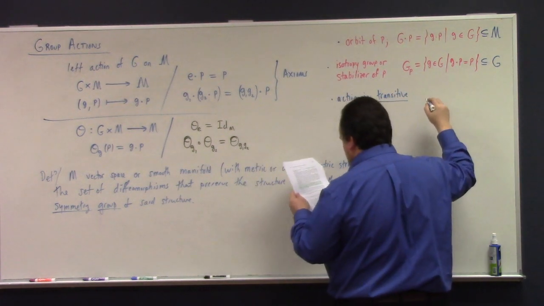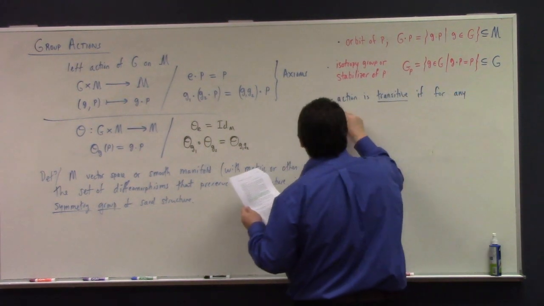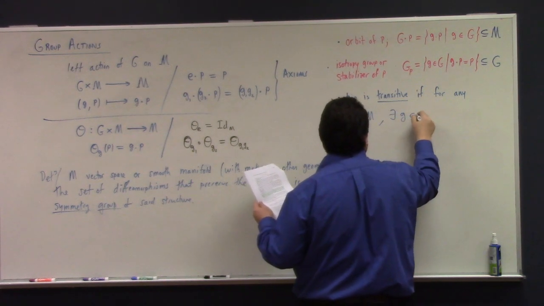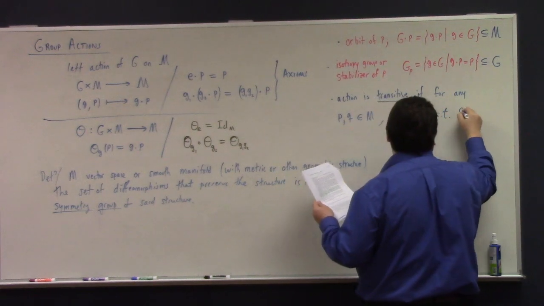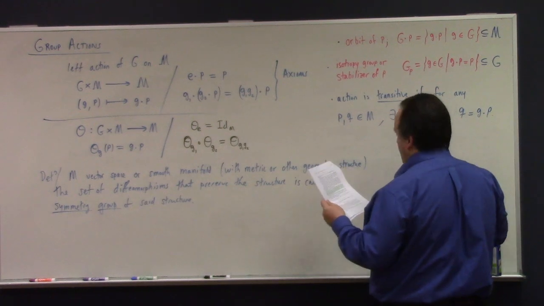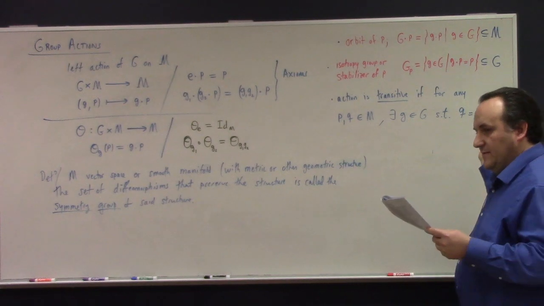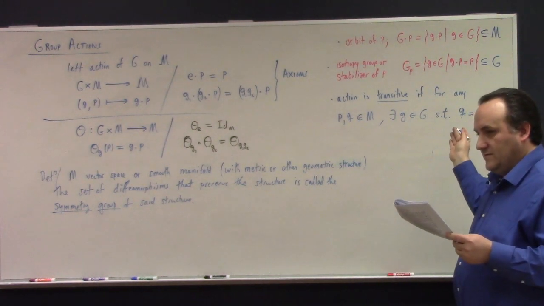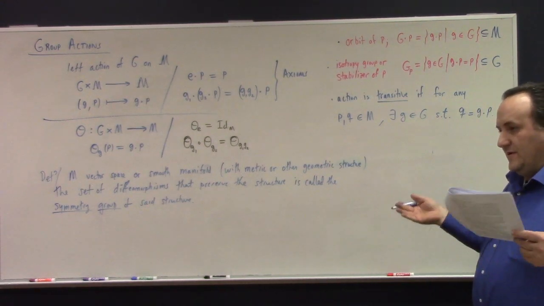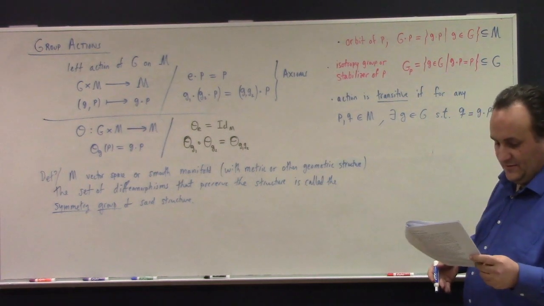It's transitive if for any P and Q in M, there exists G in the group such that Q is equal to G dot P. In other words, you can move from anywhere on the manifold to anywhere else on the manifold by an appropriate group action if it's transitive. Transitive actions, they go everywhere, right? Like Dr. Sprano's travels is like a transitive action. Let's cover the whole U.S., right?